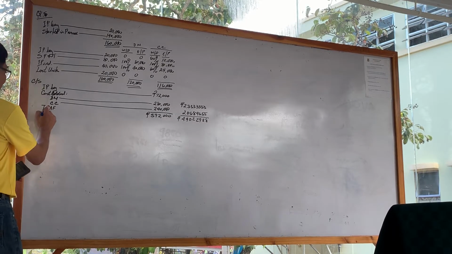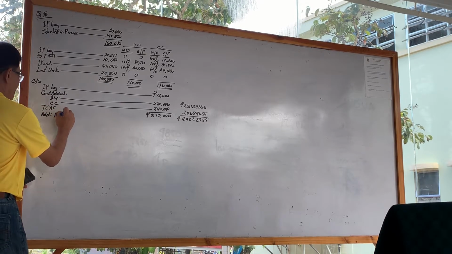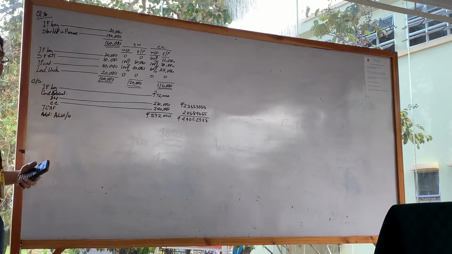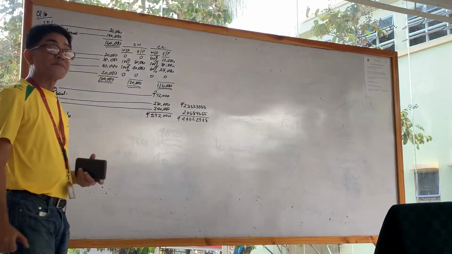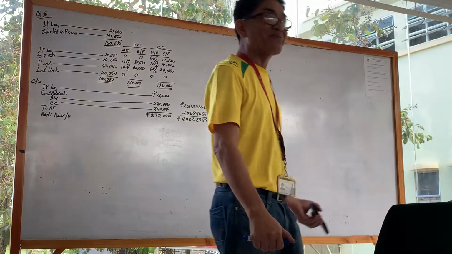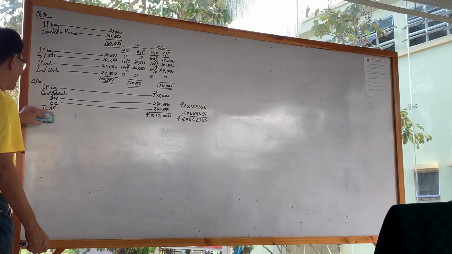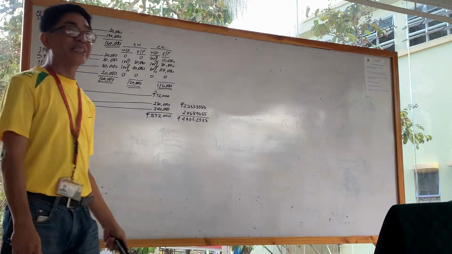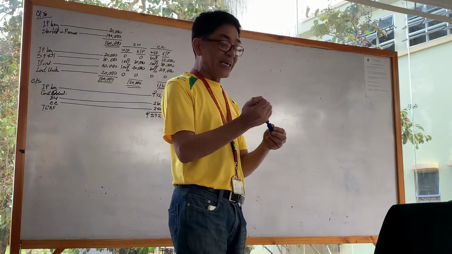Continuing on, add adjustment for lost units per unit. Adjustment? No adjustment. We will not compute with adjustments. Because it happened at the start of the process of the initial department, that is the rule.